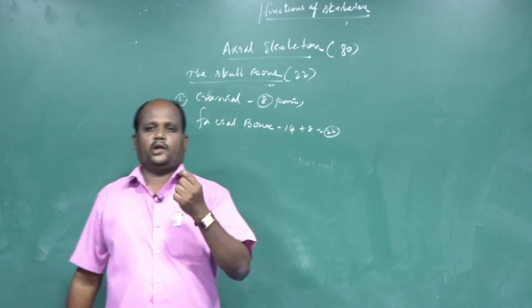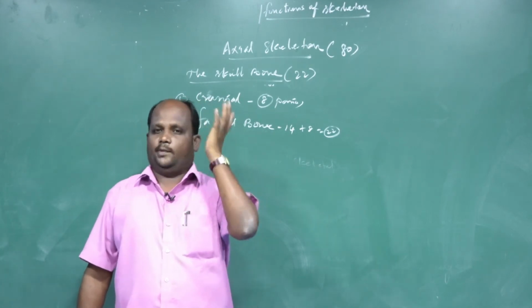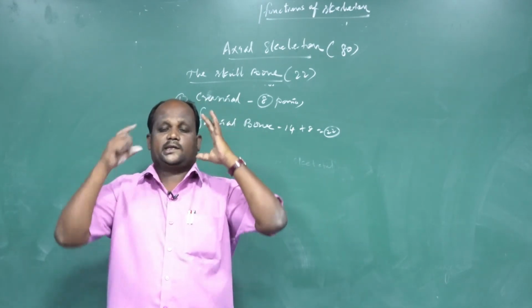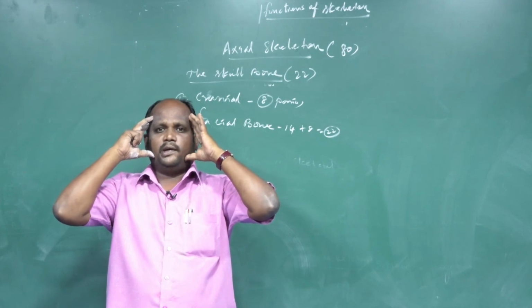Now we are going to find out the particular bones and their names. The skull is made up of 22 bones in two parts: the cranial bones and the facial bones.